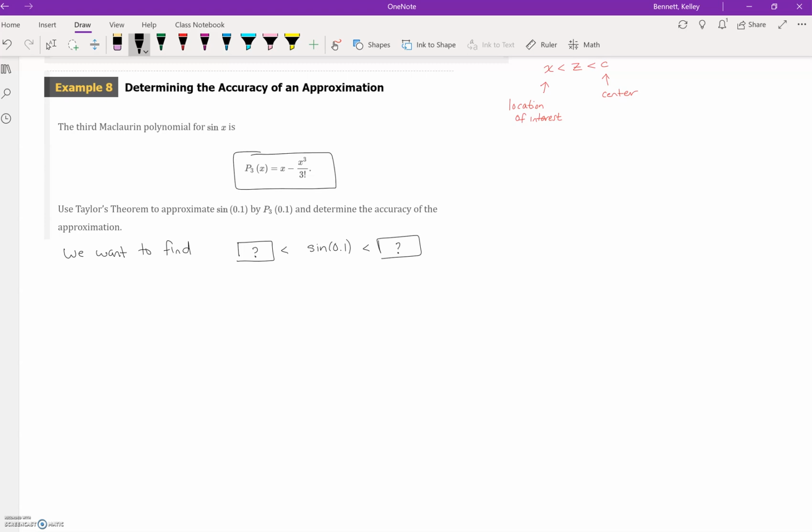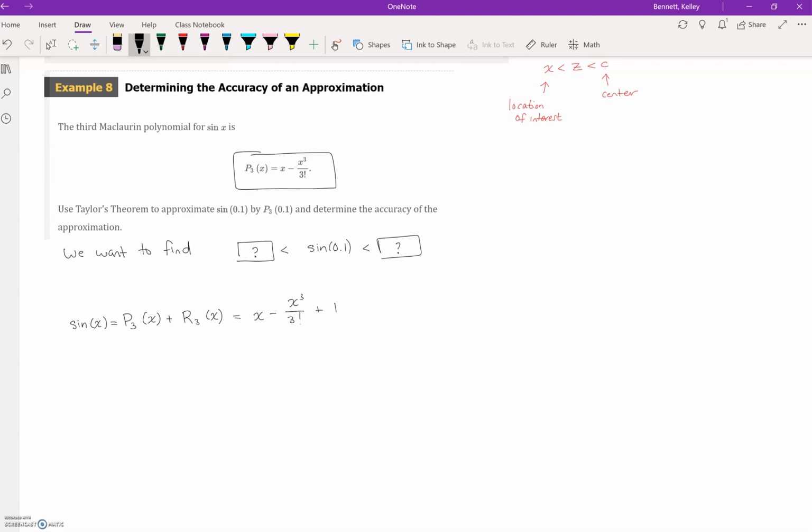Once we do that, we know that per Taylor's theorem, sine of x equals the third degree Maclaurin approximation plus some error term, the remainder term. So if I were to write this out, I would have x minus x cubed over 3 factorial.